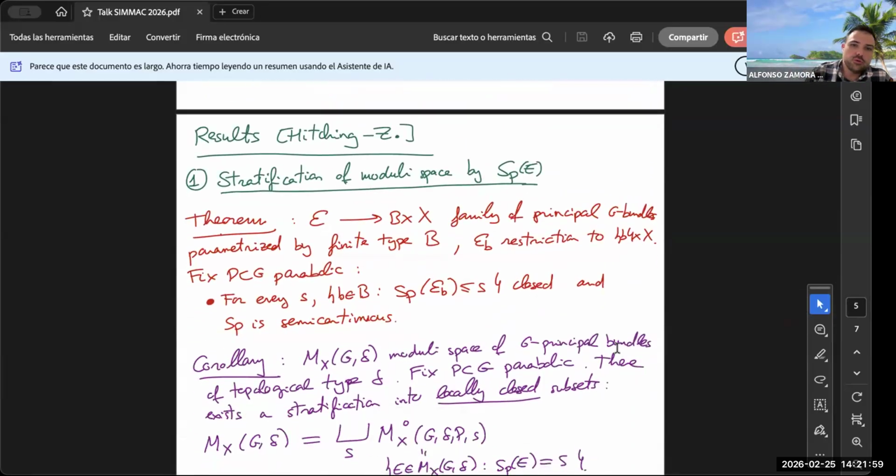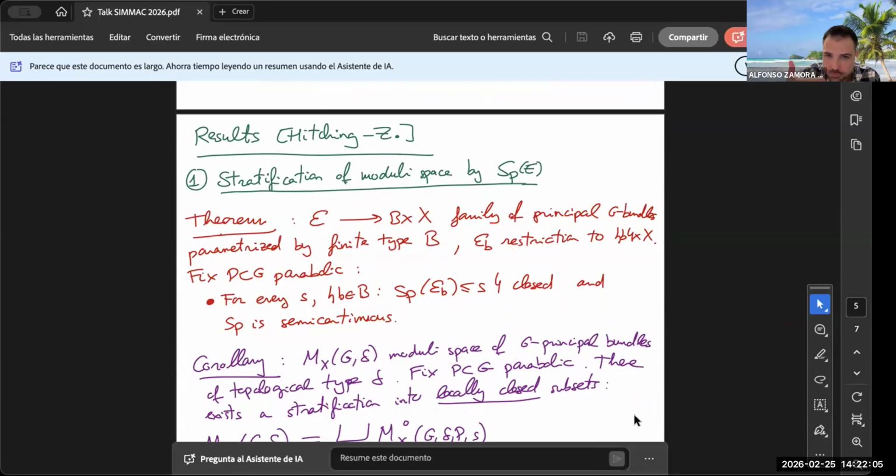First, we are able to produce a stratification, or a similar kind of stratification as people had for vector bundles.